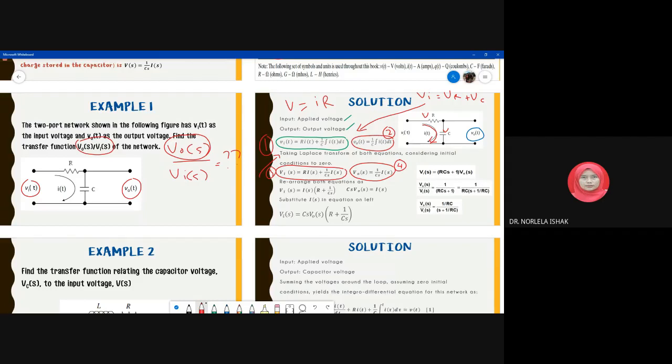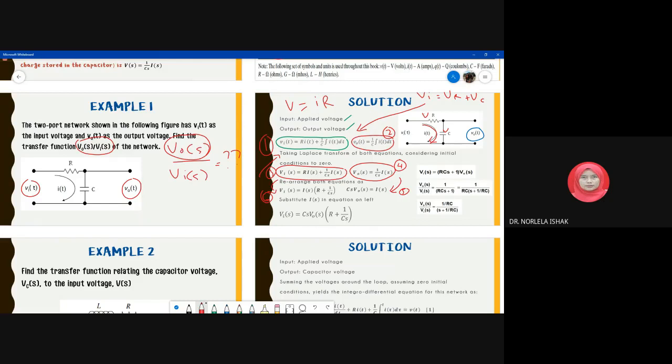We rearrange the third equation and the fourth equation to get Vi equal to I times (R plus 1 over CS), and from the fourth equation you get CS V naught equal to I. Let's say this is equation 5 and this one is equation 6.